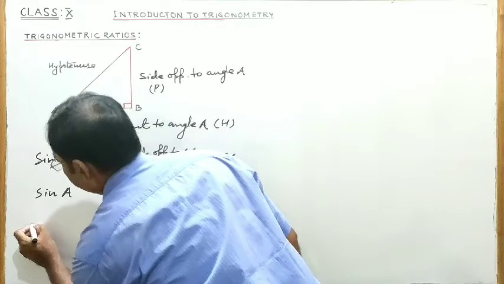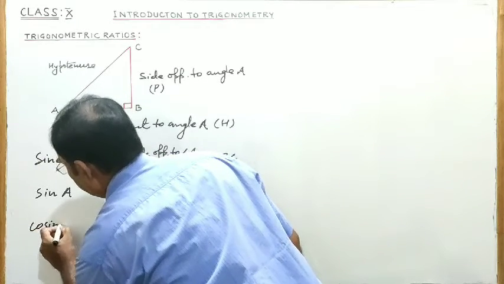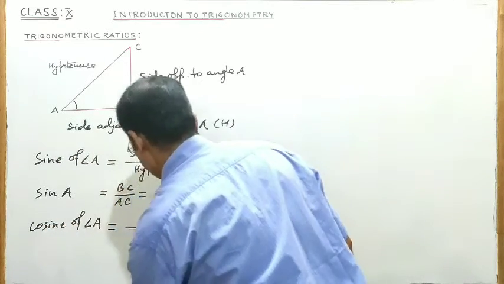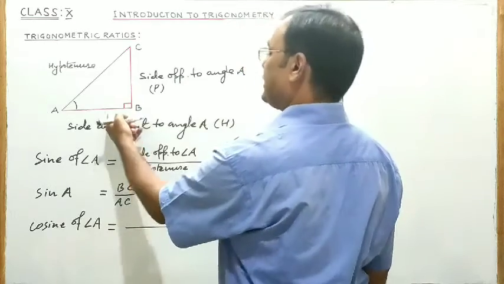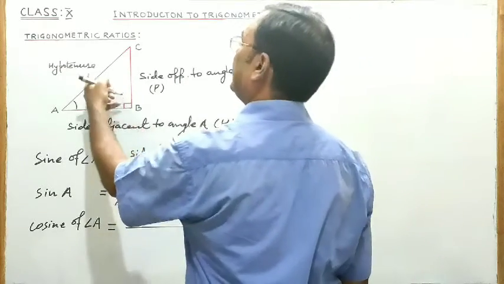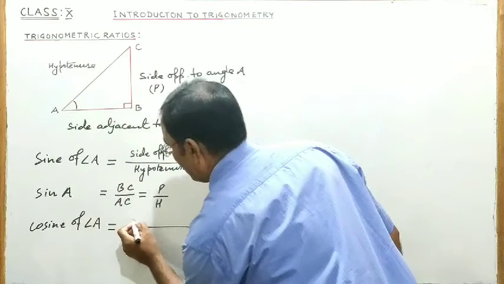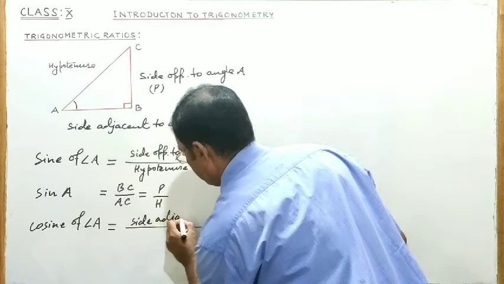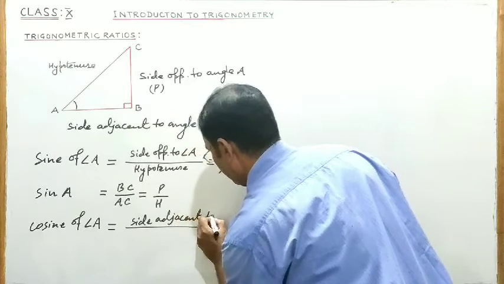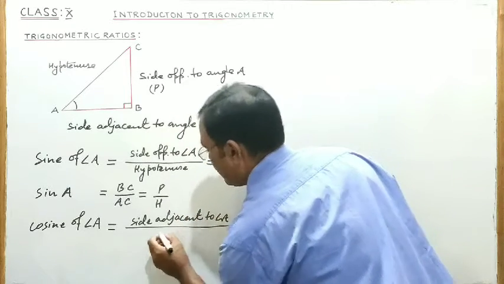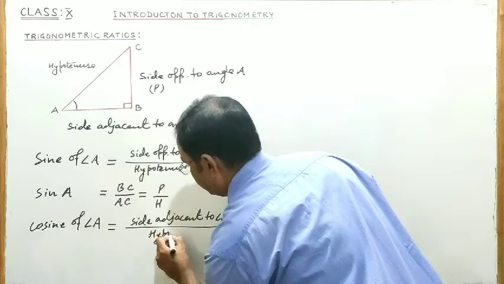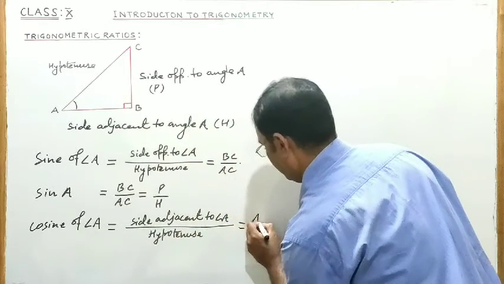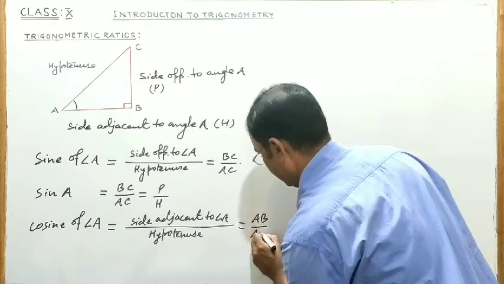Another ratio is cosine of angle A, which is defined as side adjacent to angle A upon hypotenuse, which is equal to AB by AC.